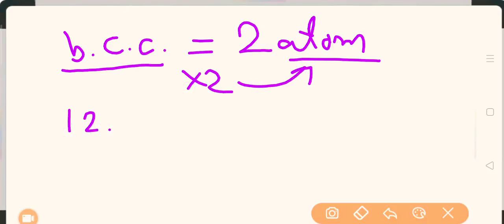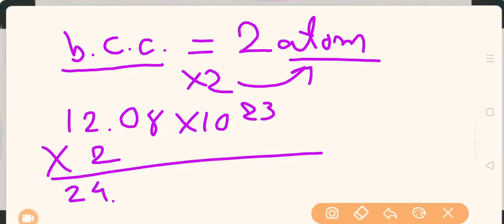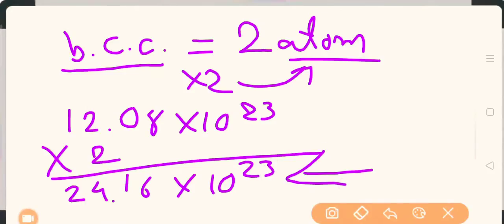So the number of unit cells here is 12.08 multiplied by 10 raised to 23 multiplied by 2, which is equal to 24.16 into 10 raised to 23. So this is the number of atoms. Total in 208 grams of substance we have 24.16 into 10 raised to 23 atoms.